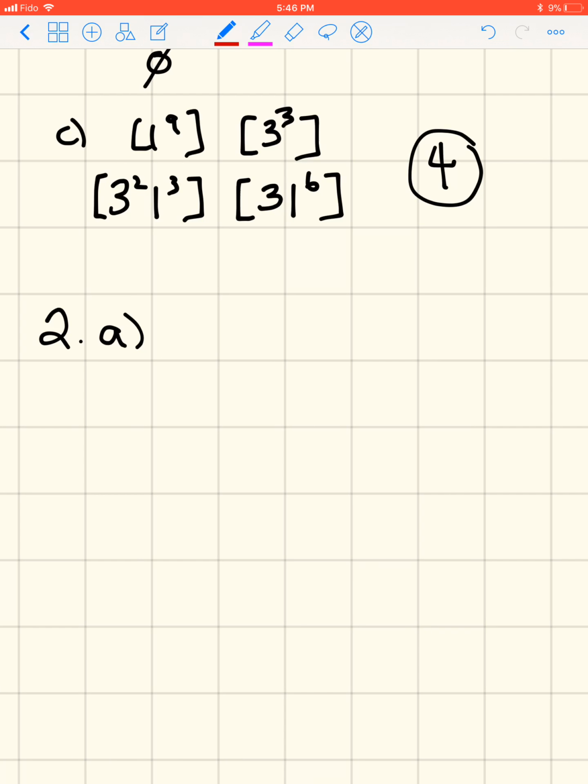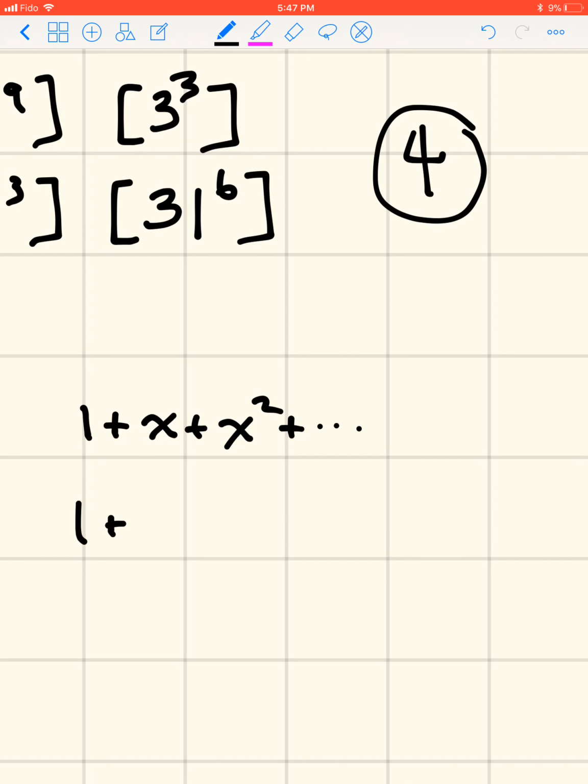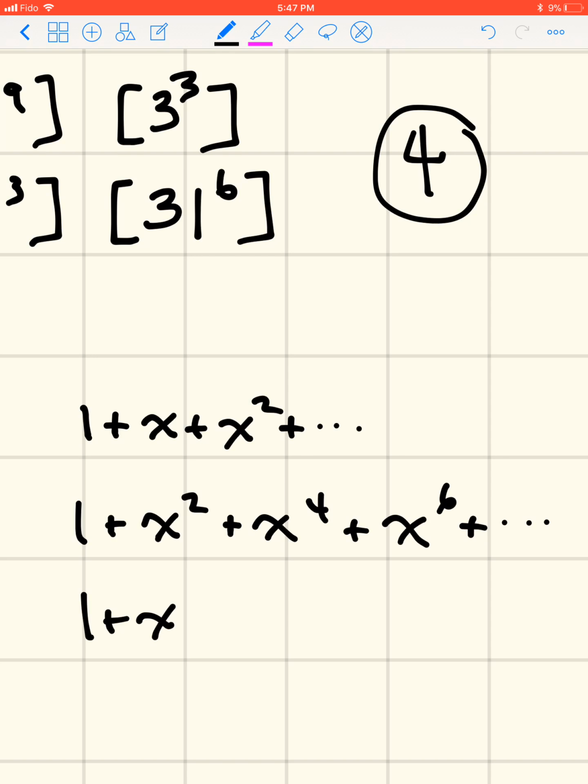So most people had a good handle on the fact that if you wanted the parts equal to 1, you needed to use the function that looked like this. And for parts equal to 2, you need this one. And for parts equal to 3, you need this one.